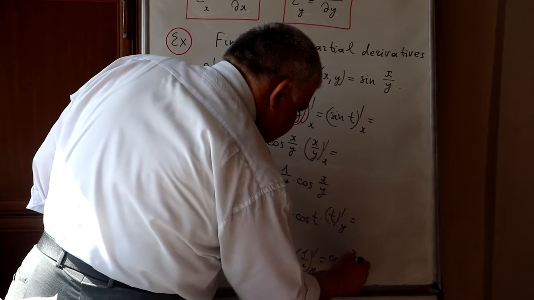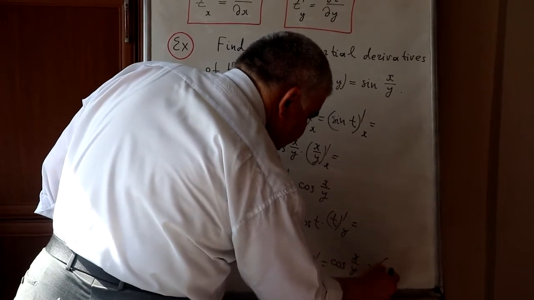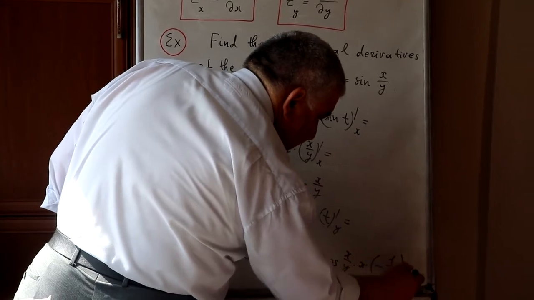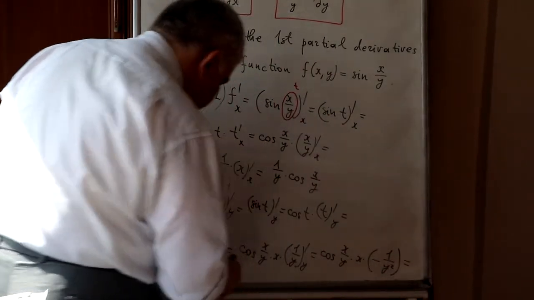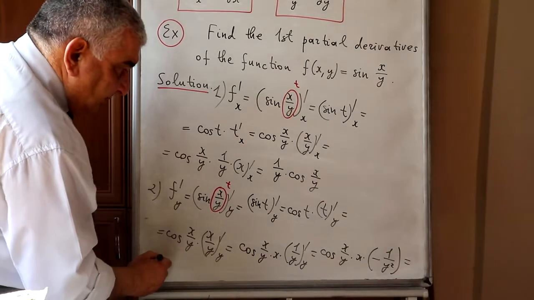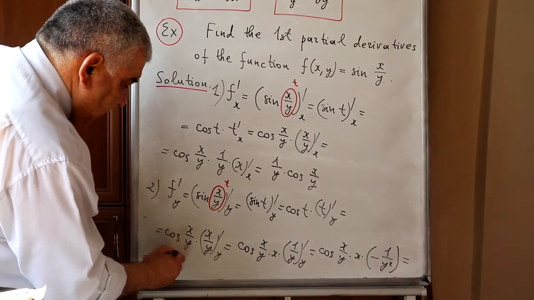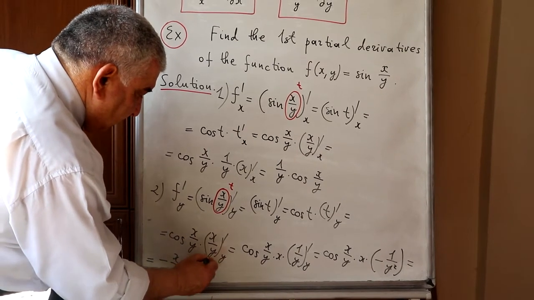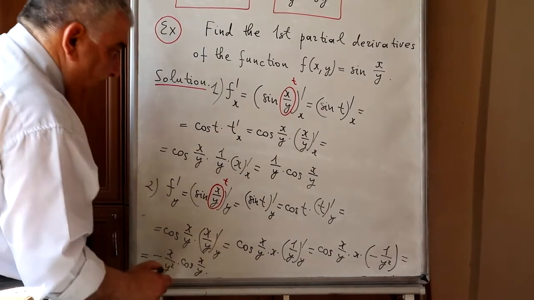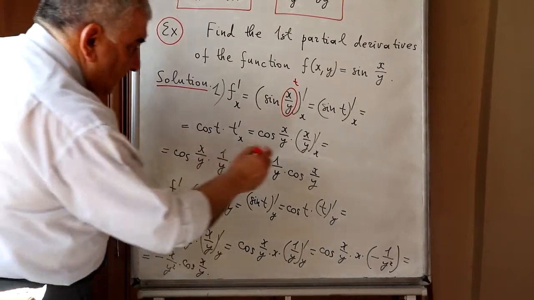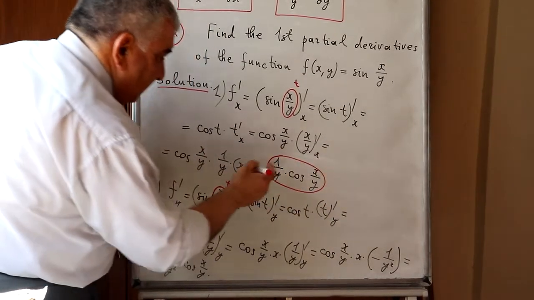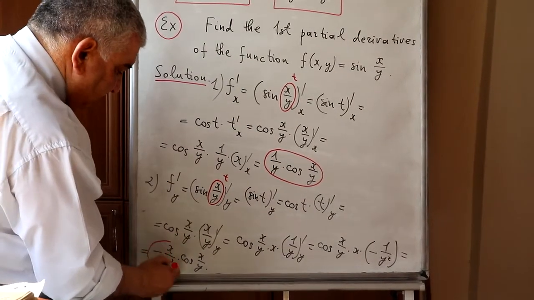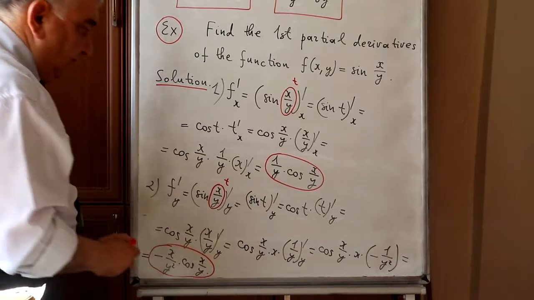Cosine of x over y multiplied by x multiplied by minus 1 over y squared, and finally we have minus x over y squared multiplied by cosine x over y. This expression is the first partial derivative with respect to x, and this is the first partial derivative with respect to y.